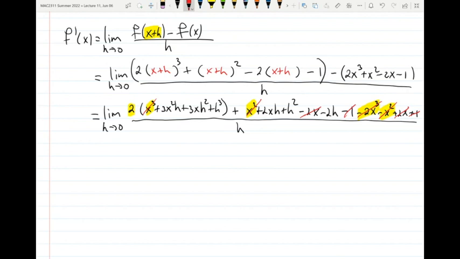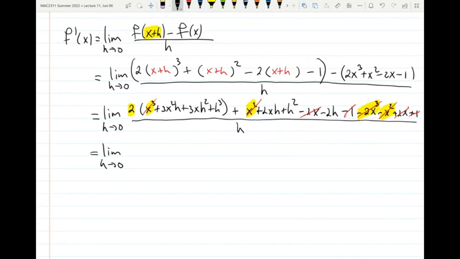Is there anything else? 2xh. Oh, that's fine. I don't think anything else cancelled. If something else cancelled, we will figure it out in the next line, but at least we got rid of some stuff.